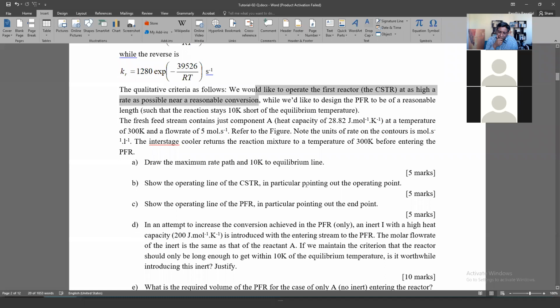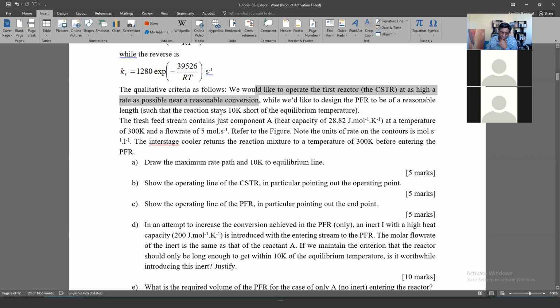So that's for the CSTR, and then for the PFR, we are saying we want reasonable length, such that the reaction stays 10 K short of equilibrium. And we know if we get too close to equilibrium, then your rate is so low that for very small increases in conversion, you have to add massive amounts of volume.